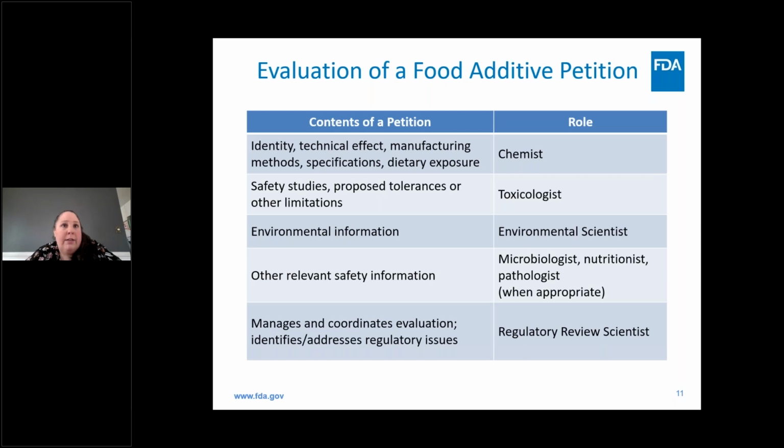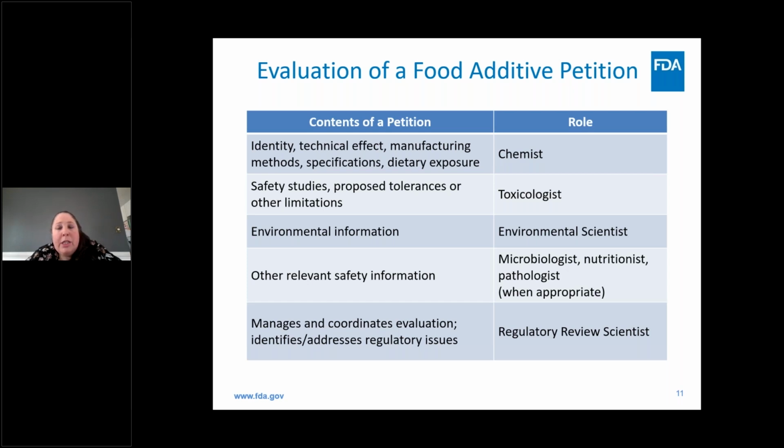So to achieve this safety standard of reasonable certainty of no harm, FDA evaluates the safe use of a food additive petition using a multidisciplinary team of scientists, and we often obtain scientific expertise for our reviews from other scientists throughout the agency as needed.